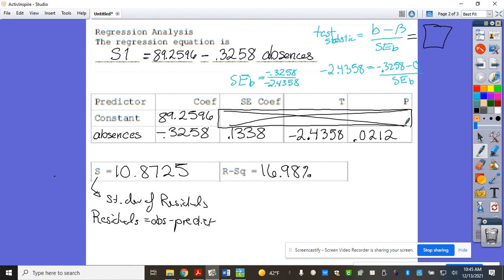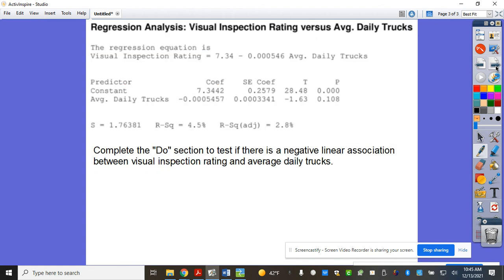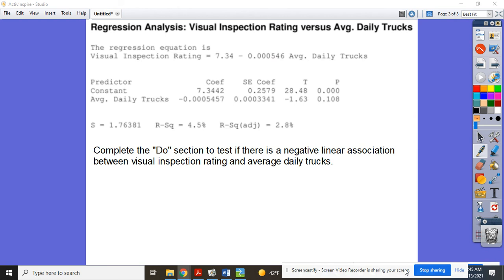All right, so let's look at an example where we start with the output and then go backwards from there. You don't need this in front of you. This is just to make sure that y'all are okay with what I just did. This is what it would actually look like when you get it. You're going to have numbers up here for your output for the y-intercept.